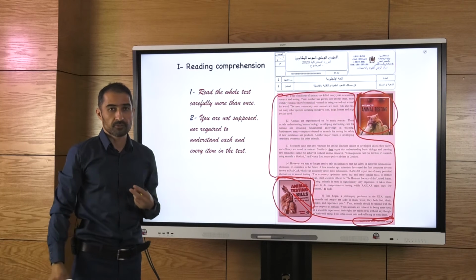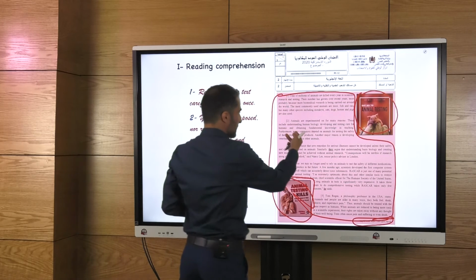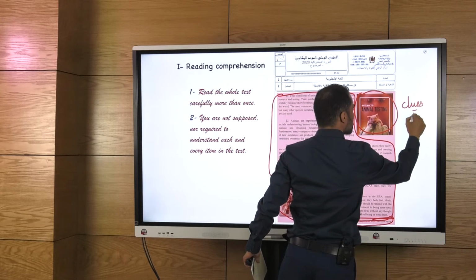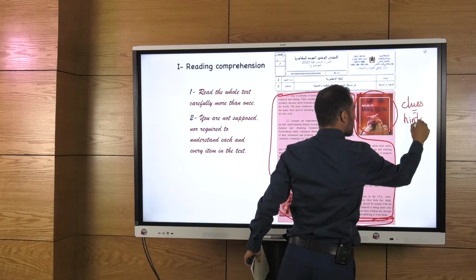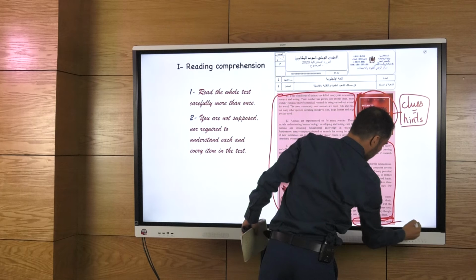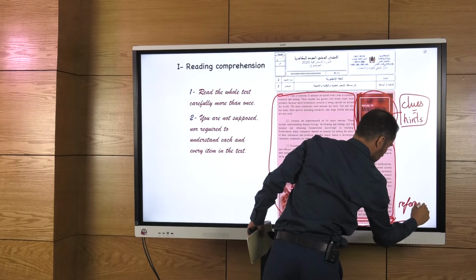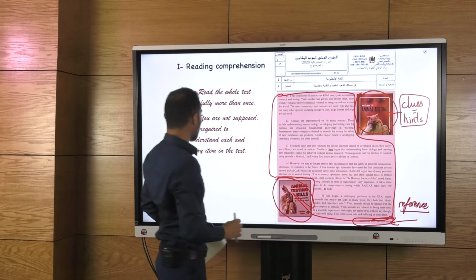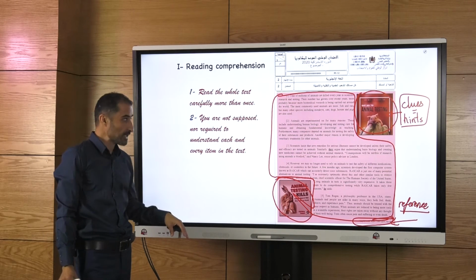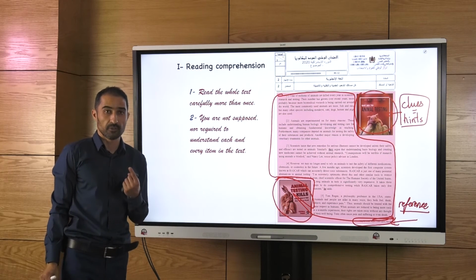You can read it 2 times, 3 times. Try to concentrate on the text and on the textual clues. These are clues, these are hints. They are going to help you understand the text, like this one, and the reference which is at the bottom. So read the whole text carefully, concentrate on the text, and more than once. You are not going to understand the text if you read it only once.